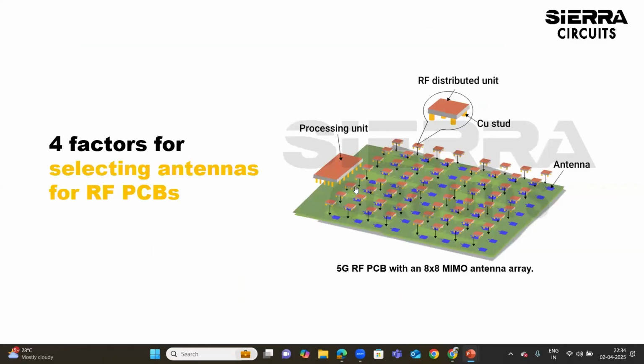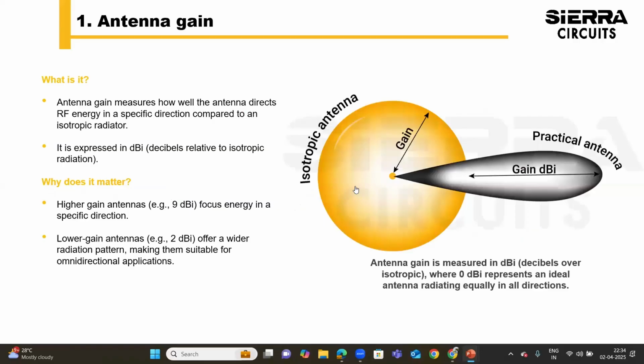So now let's get to the core topic. We'll be discussing the four factors for selecting antennas for RF PCBs first. The first factor is the antenna gain. Antenna gain measures how well the antenna directs RF energy in a specific direction compared to an isotropic radiator.